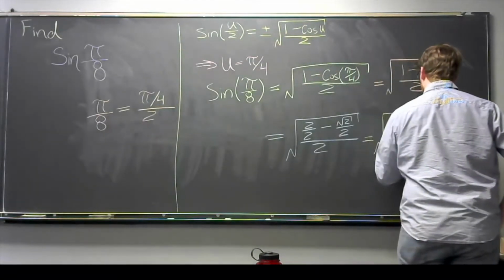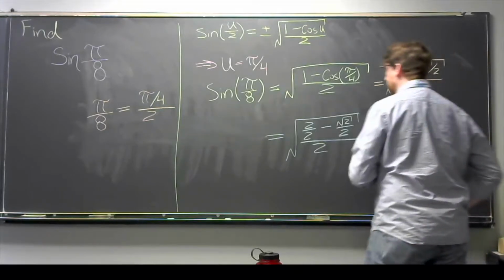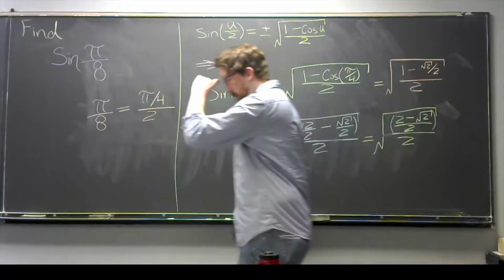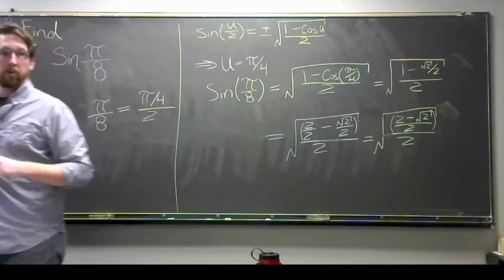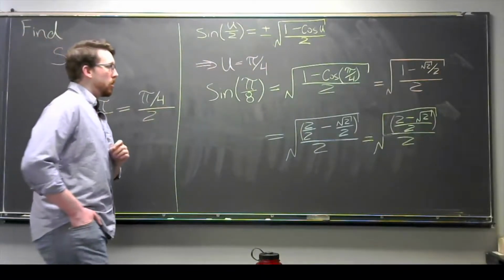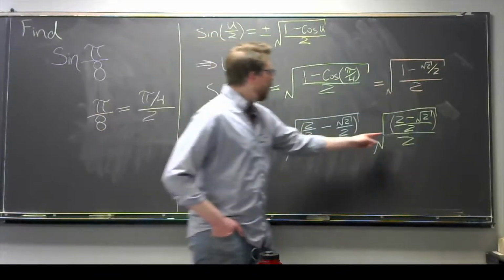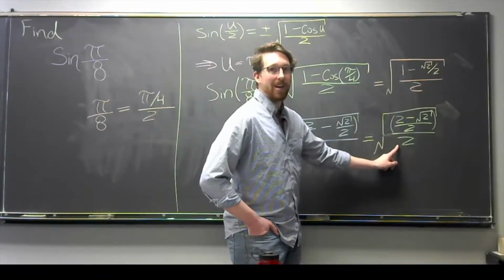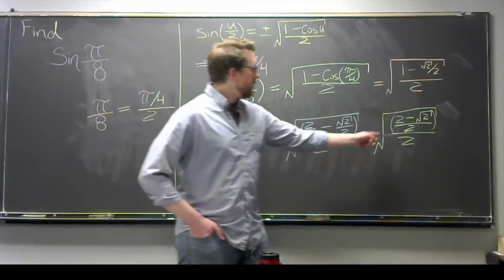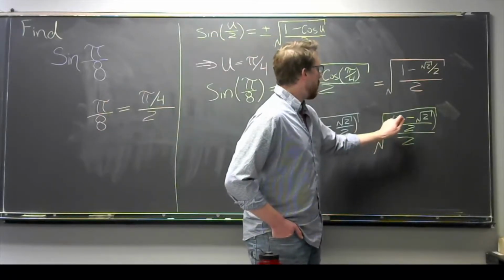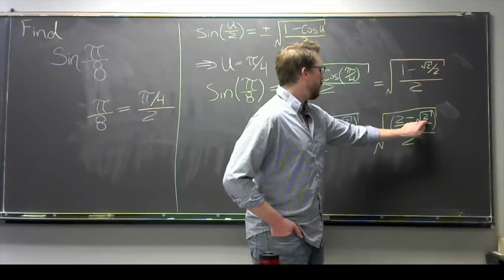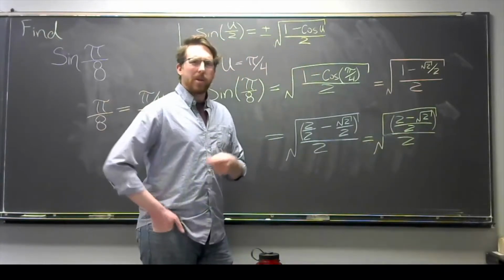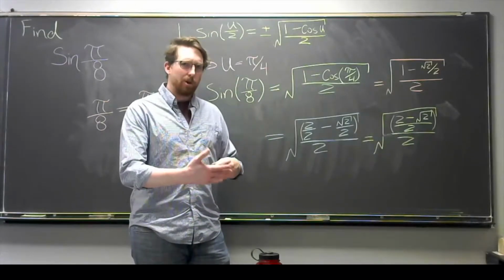Let me put this in parentheses to make it a little bit more clear. Well, now we can just pull this denominator down to that denominator, can't we? Because this is the same thing as multiplying 2 minus the square root of 2 over 2 by 1/2. So yeah, we can just pull down that 2.